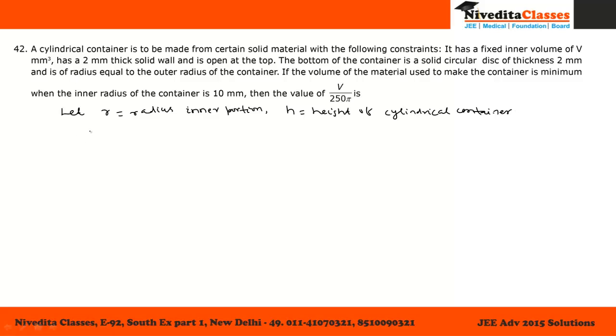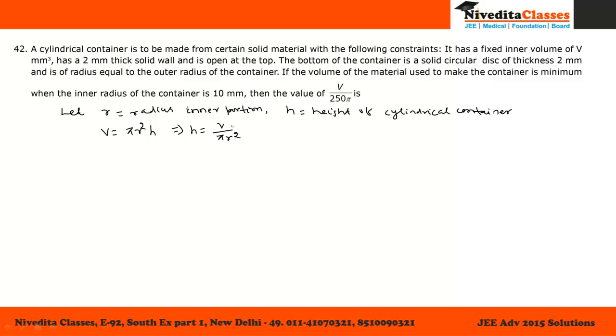Now it is given that the inner volume is V. So V is equal to pi r square H. That implies H is equal to V upon pi r square.